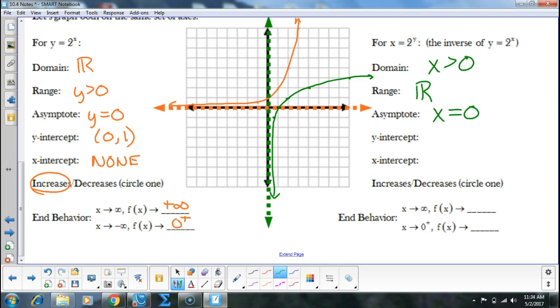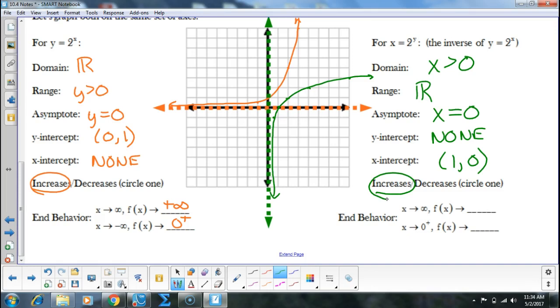It becomes none over here. And my x-intercept becomes 1, 0. Increasing or decreasing? It's still increasing though, because as we're going to the right, it's still getting bigger.